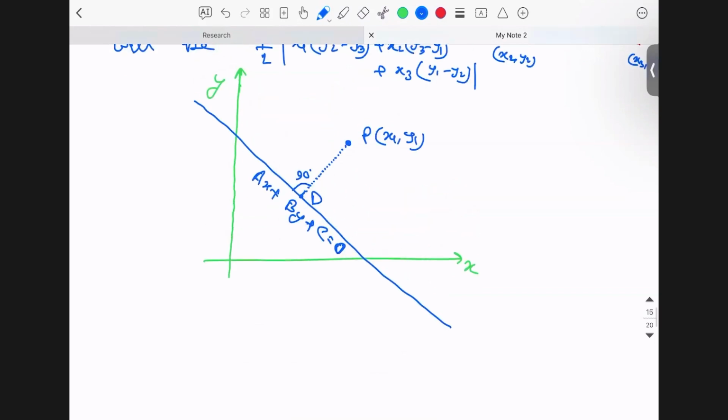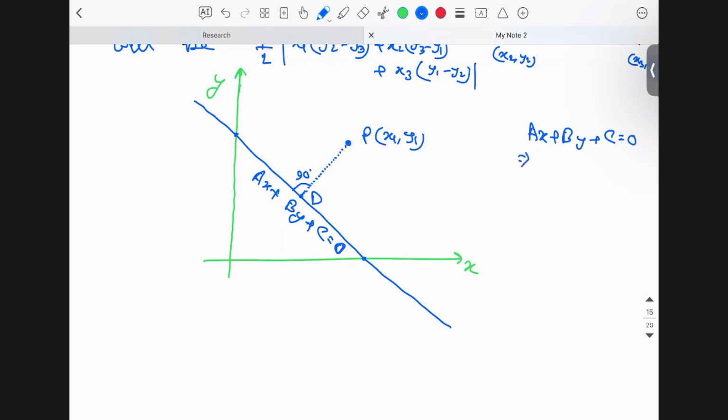Now, this straight line intercepts both the y-axis and the x-axis. At which points does this line intercept both axes? For that, we can rewrite this equation into intercept form.